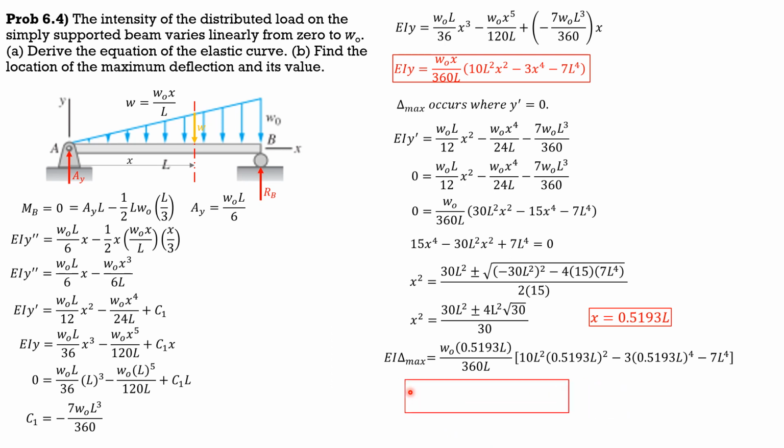So solving for delta max, in decimal, delta max is negative 6.522 times 10 to the negative 3 WO L to the fourth over EI. So that's it for this problem.